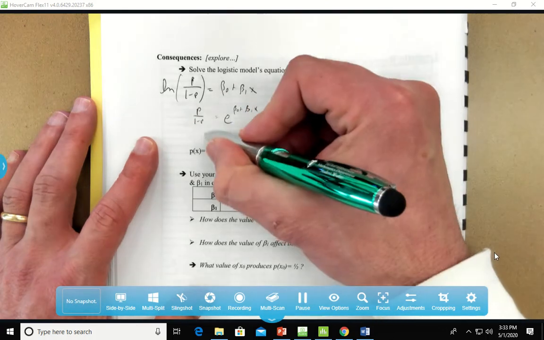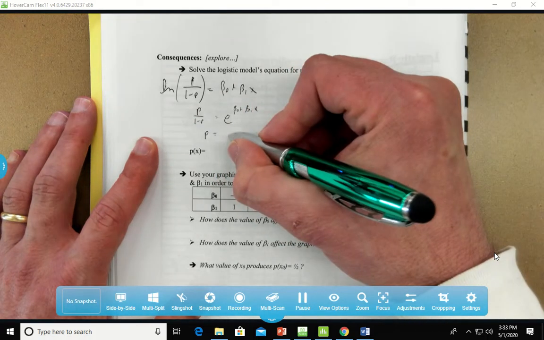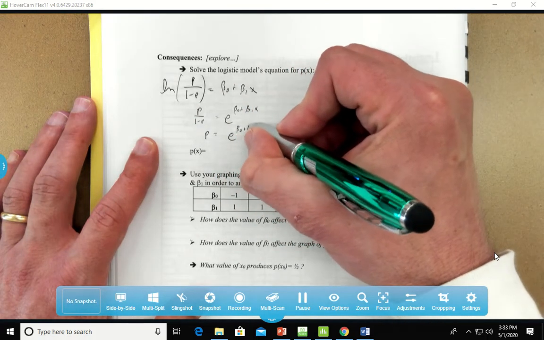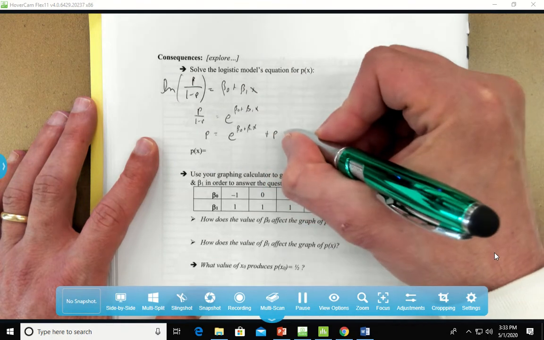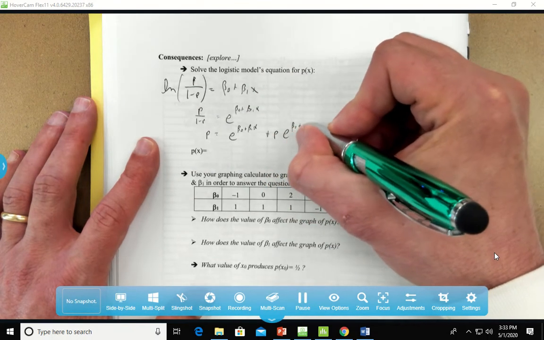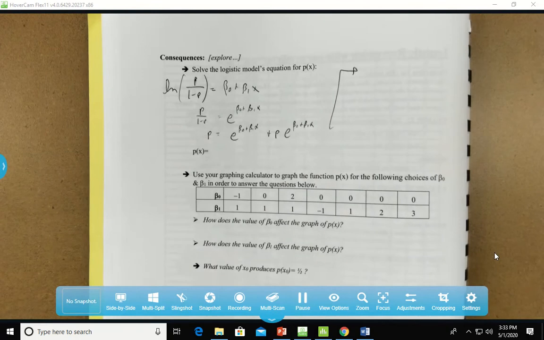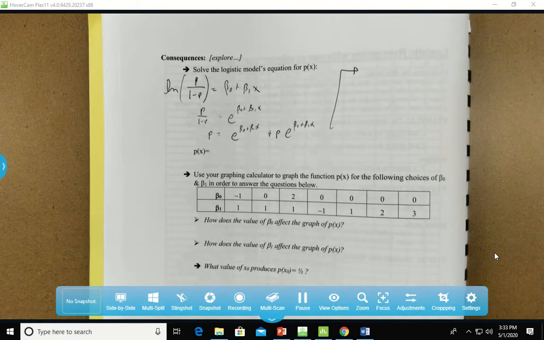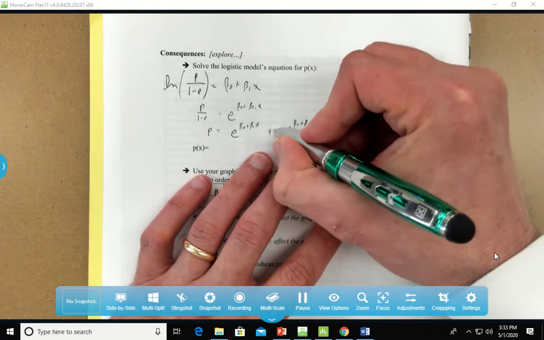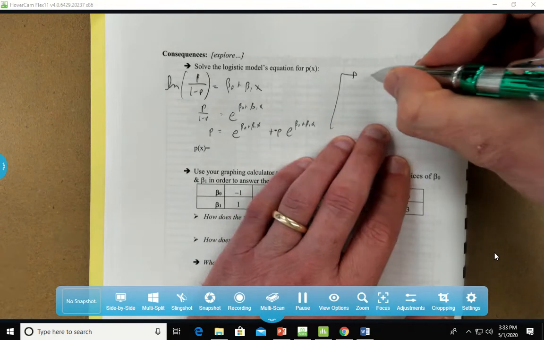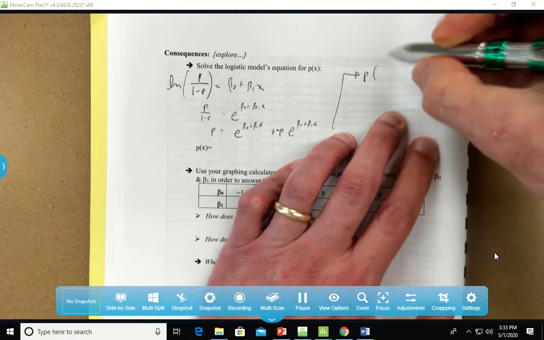Multiply both sides by 1 minus p, so we get e to the beta naught plus beta 1 x minus p times e to the beta naught plus beta 1 x. Actually, that should be a negative. And then get all the p's to one side and factor out the p.